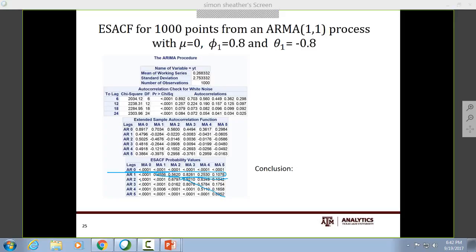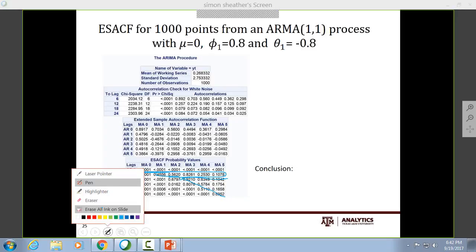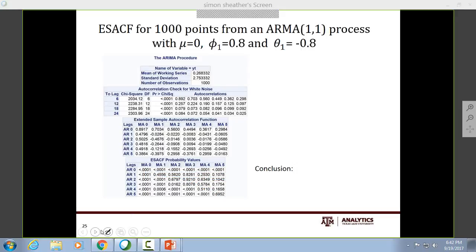To understand this triangle, what about the values like an AR4, or an AR4 MA1, or AR3 MA2? Where would those be outside of that triangle? Okay, so let's take the Gracia way of doing this.